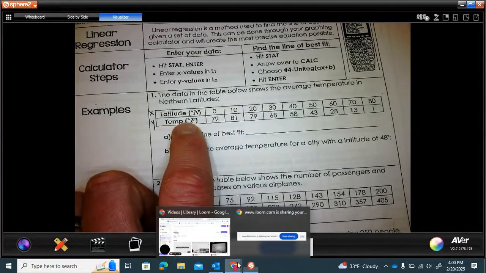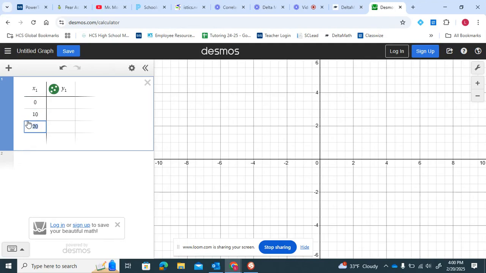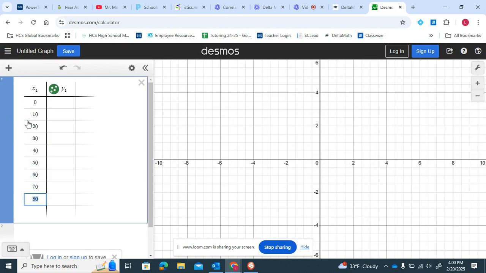So open up Desmos, it would look like this. The very first thing you need to do is hit the plus sign. By the way, this should be the Desmos graphing calculator, not the scientific one. You need to hit the plus sign, and then click table. Again, X is latitude. So if you're looking at your page, X would be 0, 10, 20, 30, 40, 50, 60, all the way to 80.